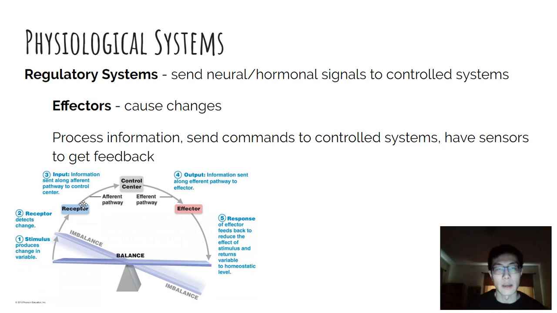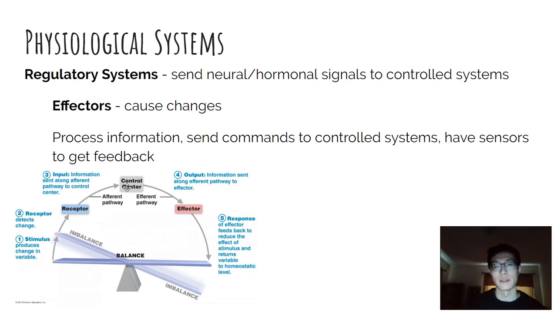And then eventually we need an afferent pathway over here that's going to take that information from the receptor and then bring it to the control center. So maybe through an action potential or something like that. So we need an input to the control center. The control center then processes the information, and then ultimately we have some kind of an output through an efferent pathway out of the control center.